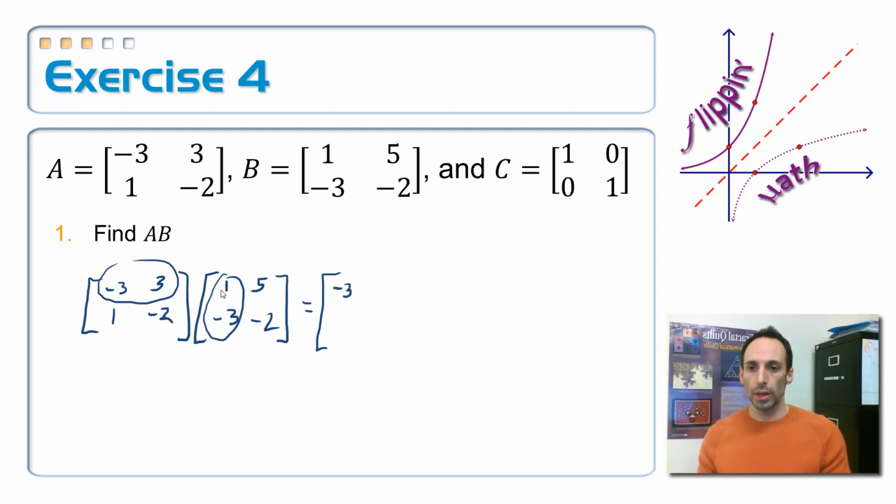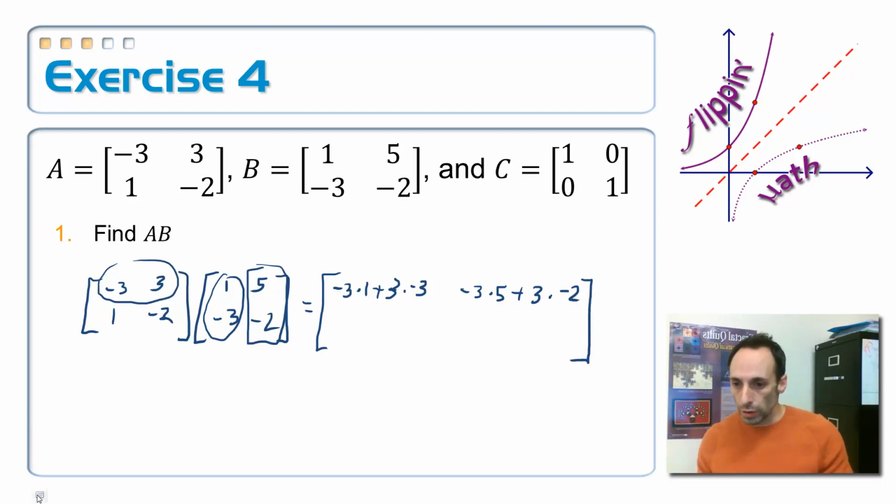So -3 times 1, plus 3 times -3. Okay, and then I'm going to do the first row times the second column, and that's going to be a -3 times 5 plus a 3 times -2. Okay.